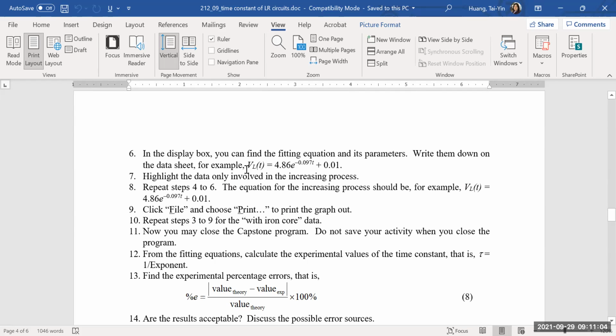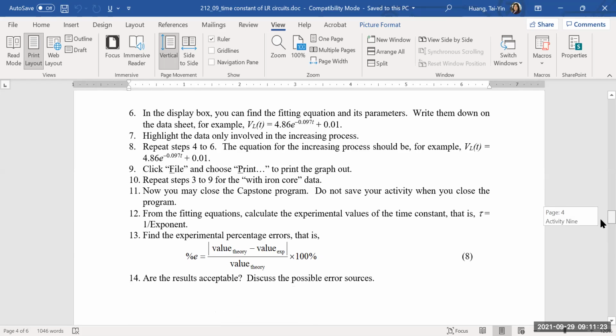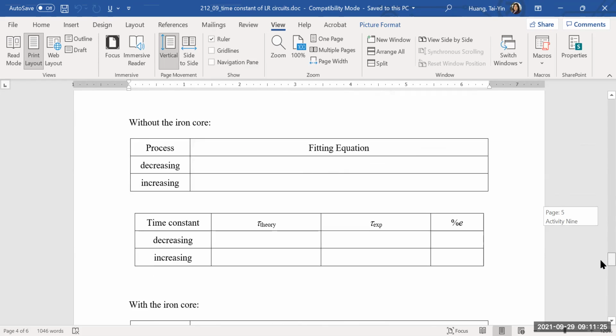And then it's going to return this kind of expression. So jot down your values. Just replace the A, B, C with whatever values you're getting, and then you're done with the line fit. So the table: for the without iron core, you will have the decreasing.